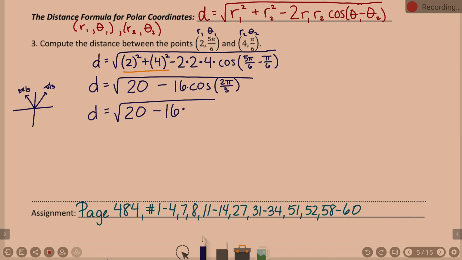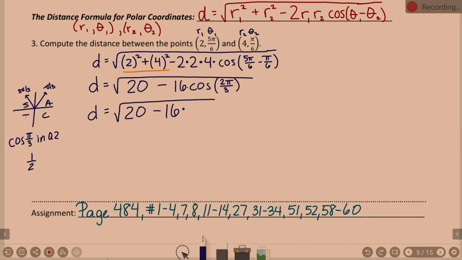So we need to know what is the cosine of pi over 3, but in quadrant 2. Okay? Cosine of pi over 3 is 1/2. What about when we start talking about it in quadrant 2? All students take calculus.